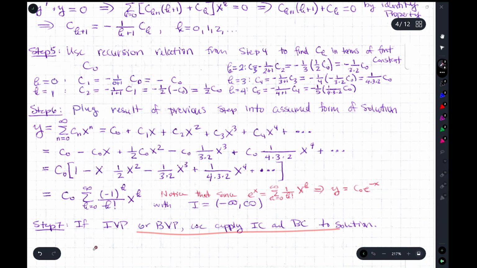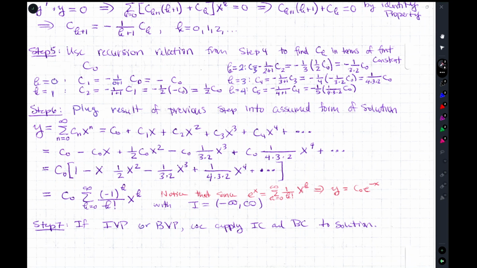Finally, if we have an initial value problem or boundary value problem, we would just apply the initial condition or boundary conditions on this, okay? And something important here to pay attention to is that when we were previously doing things, we would solve for a solution and we just multiply it by a constant, right?